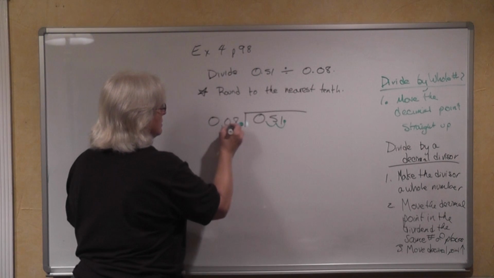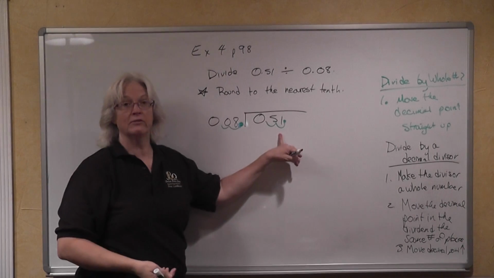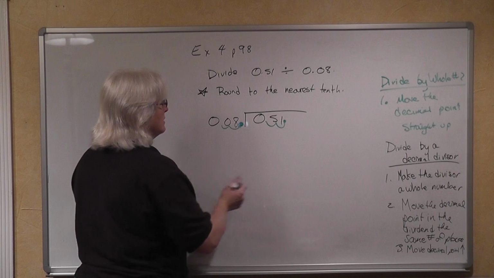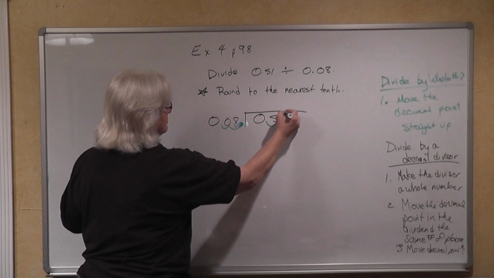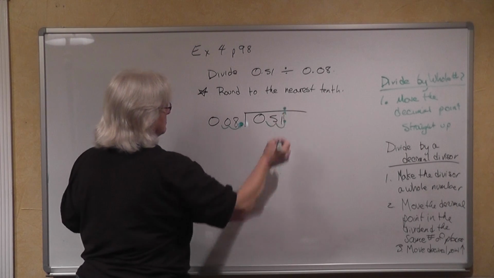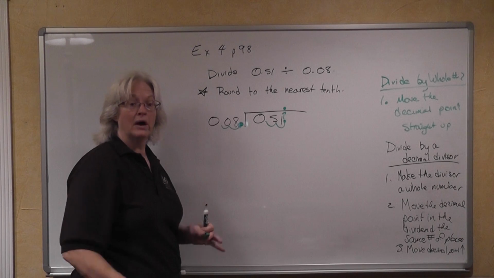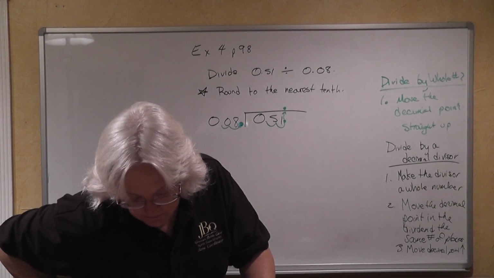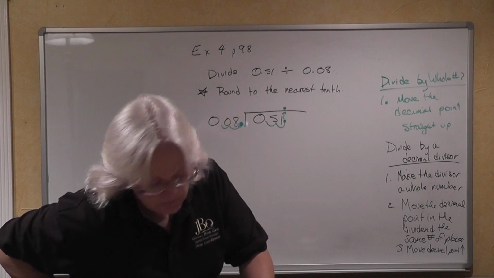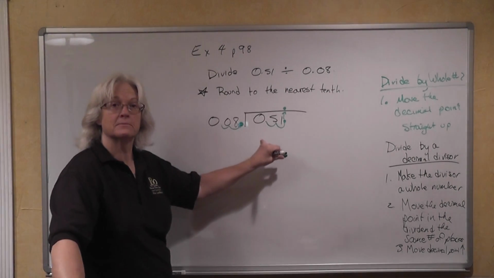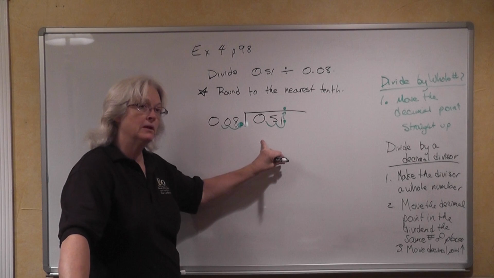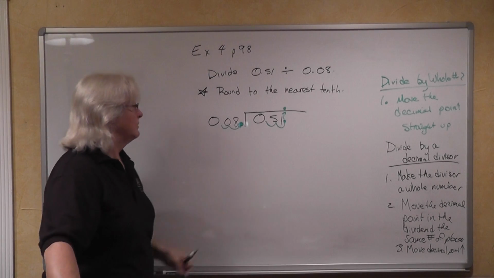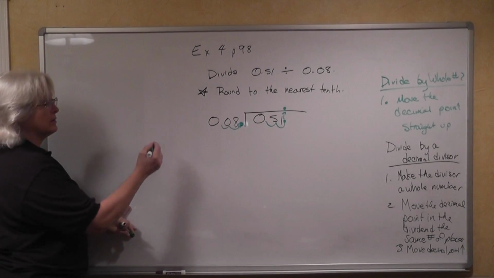for our dividend. This is the new location of our decimal point. Then we carry that straight up. Now we do our division. Let me rewrite this. Maybe it will help some of you. Maybe it won't make any difference. Let me rewrite it over here.